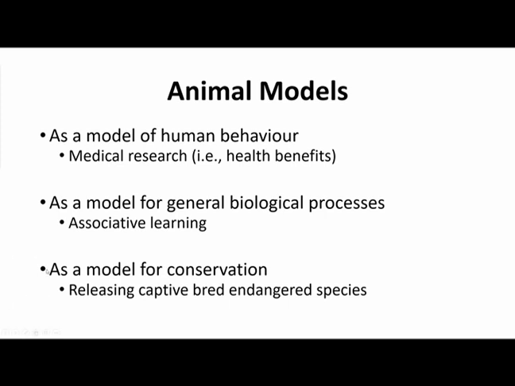You can also use animal models as a model for conservation, and this is actually another one that I've had a little bit of experience with. But the more you understand an animal model and the better you know how they work and learn, the more you can use that knowledge to help, say, an endangered species. So you could have a captive breeding program. They had to do this with peregrine falcons. After, I think it was DDT, really severely impacted peregrine falcons and the population was almost extinct.